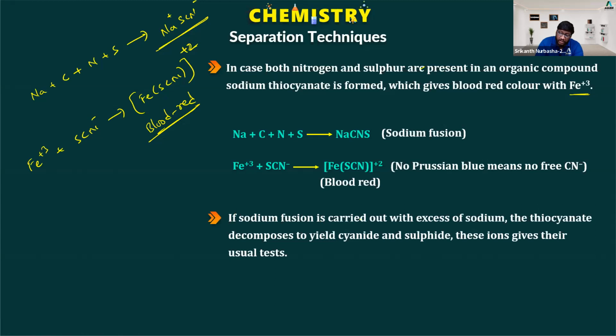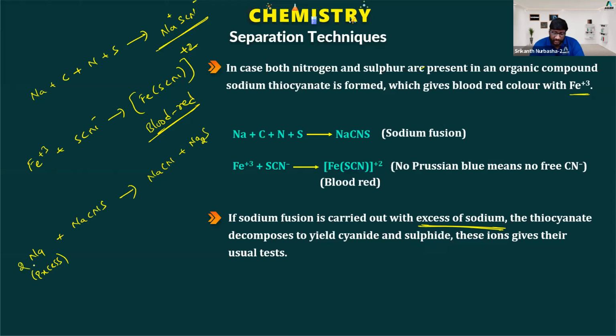If you want to do separate tests for nitrogen and sulfur, then you have to add excess of sodium. If sodium fusion is carried out with excess of sodium, NaSCN will react with Na to form NaCN and Na2S.